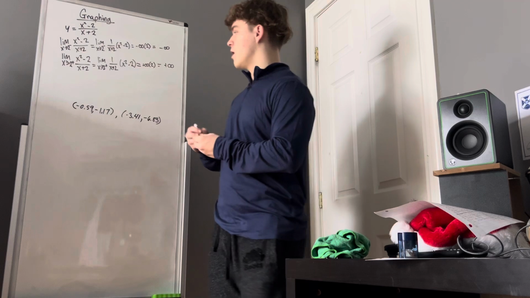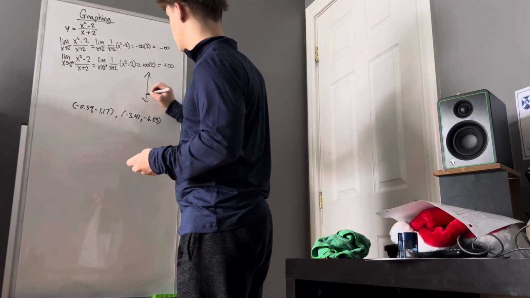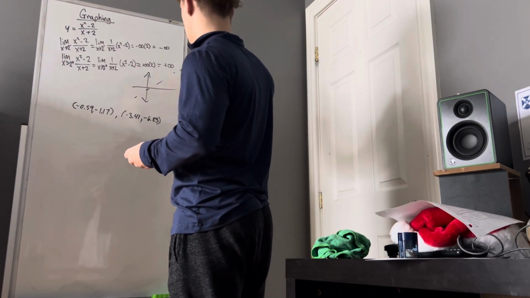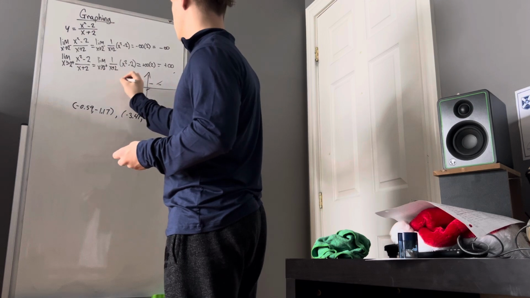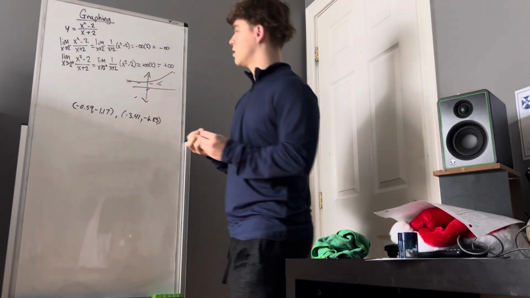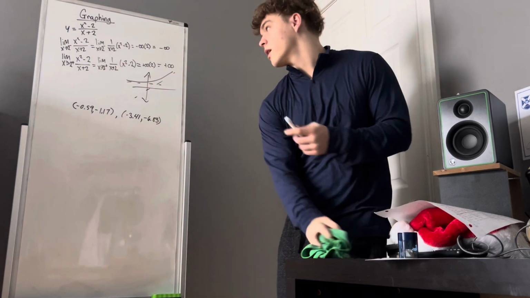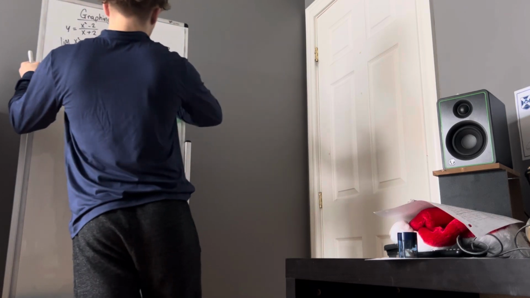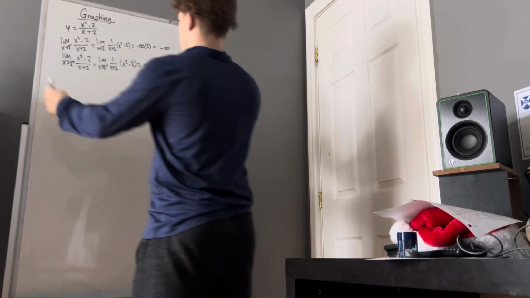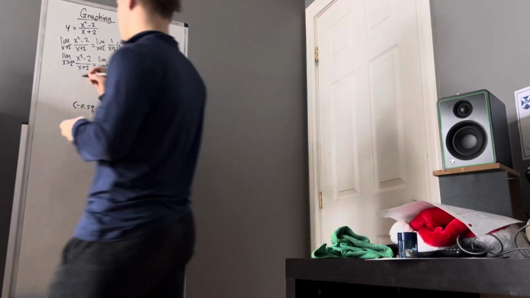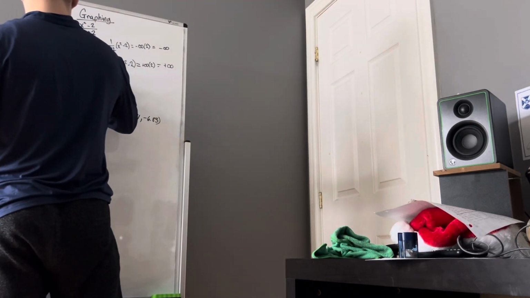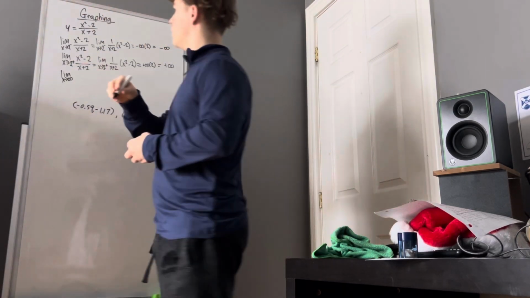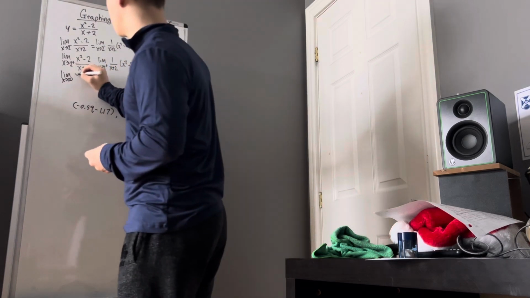We could have a graph that goes like this, with a slant asymptote up here and a horizontal asymptote here, and it could go like this. That's very possible. But for this one, we're going to take the limit as x approaches infinity of x squared minus 2 over x plus 2.